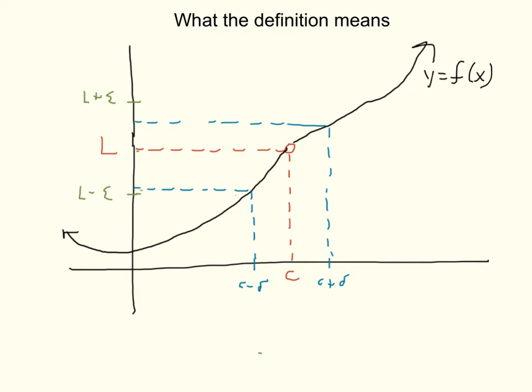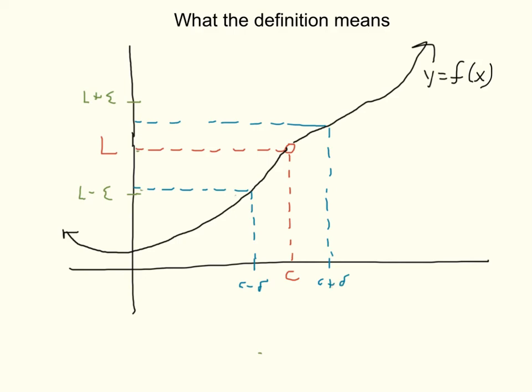And what happens is that I know that if that limit exists, if I go pick a number within delta units of c. So I've gone through and just estimated a delta. So I went over delta units from c. Here's c minus delta and here's c plus delta.